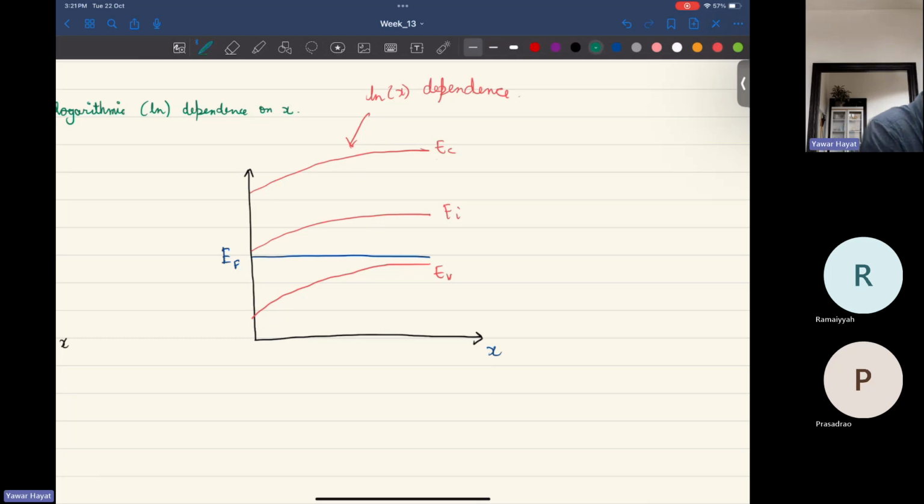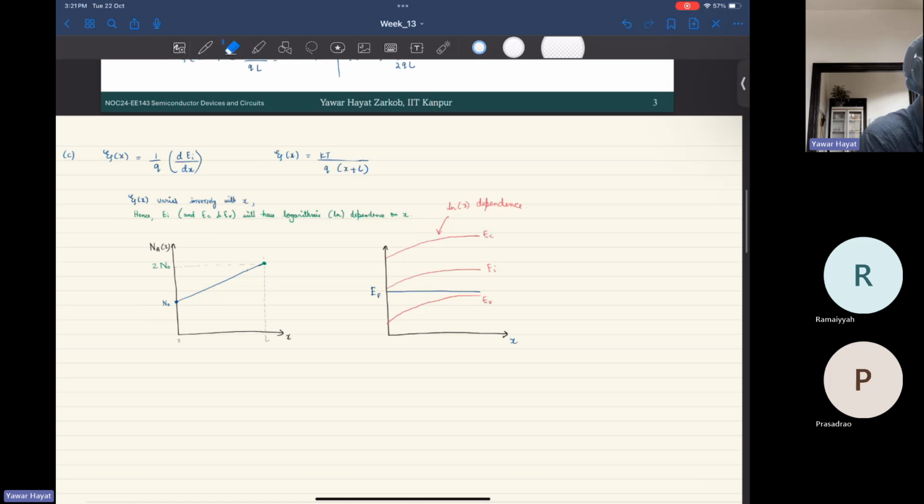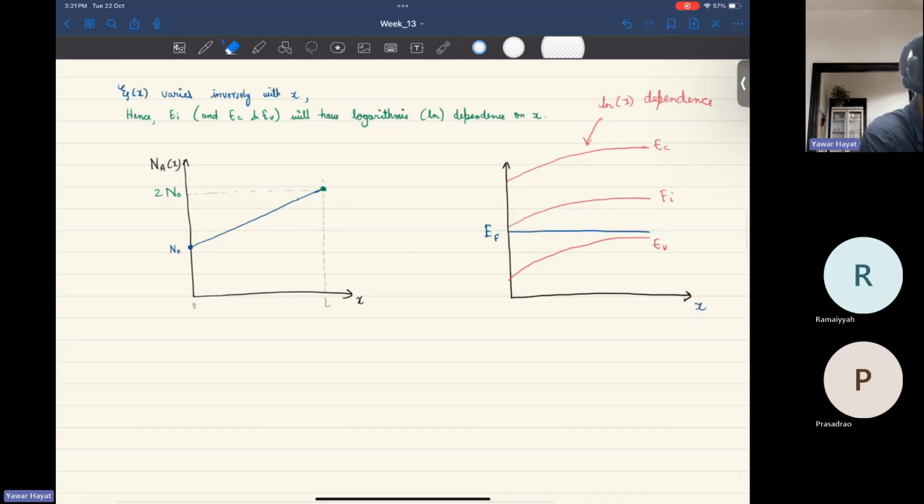See, this was our Na of x, right? I have this plotted over here, right? So this is a linear function, and at x equal to 0, you have some particular value of N0. And as x increases, the value of Na increases.